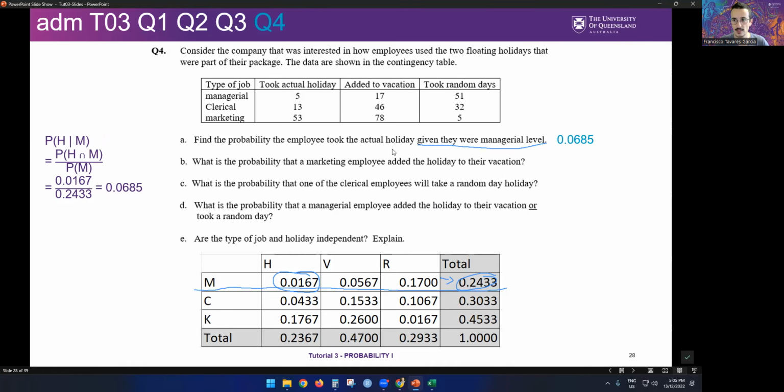The second and third one, you see they're not too different. So different color. What is the probability that a marketing employee added the holiday to their vacation? Any chance I can have it in the chat? Or open mic, even better.